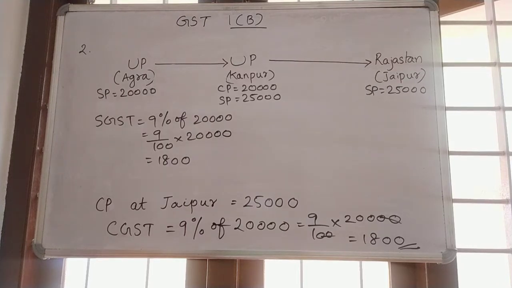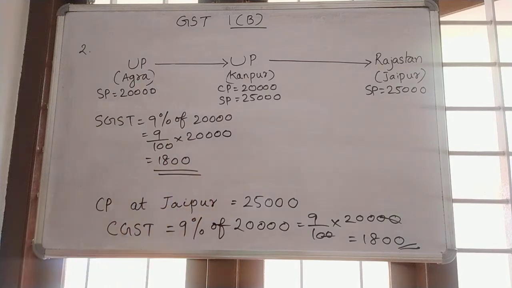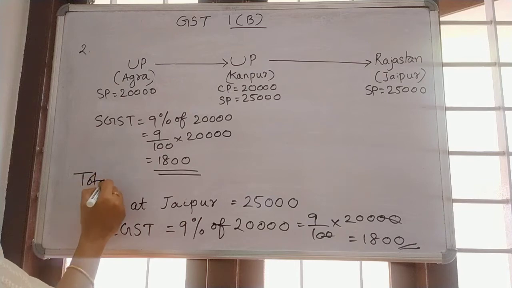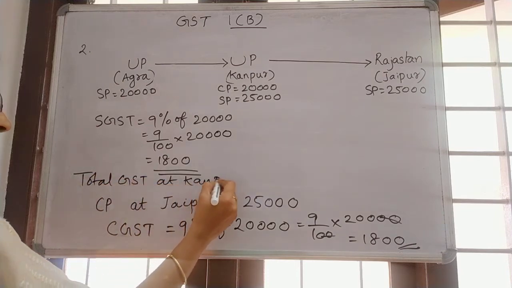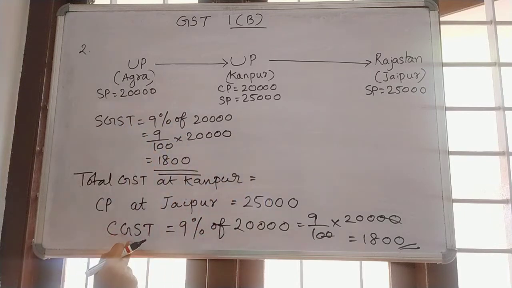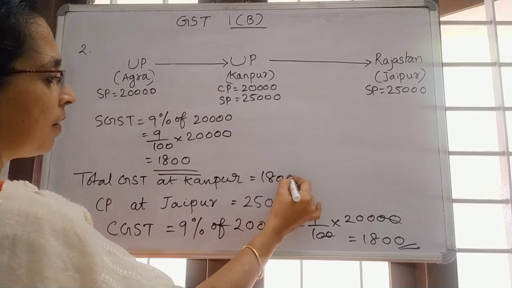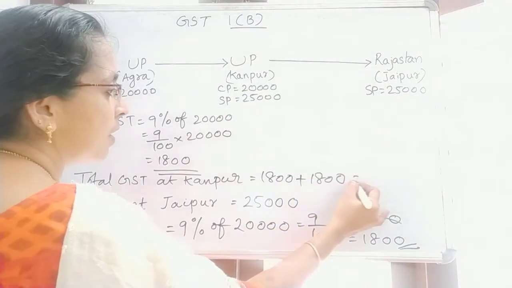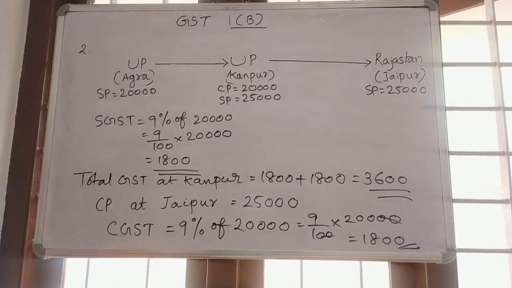SGST also will be 1,800. So what will be the total GST at Kanpur? CGST plus SGST: 1,800 plus 1,800 is equal to 3,600, the total GST at Kanpur.